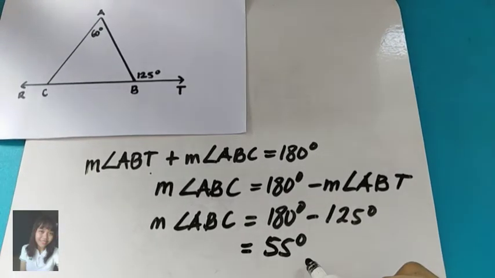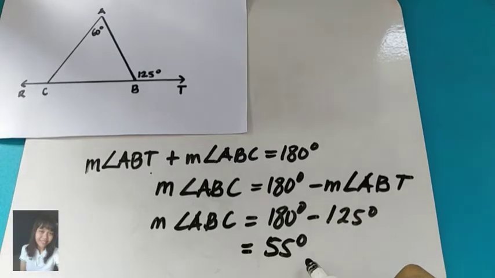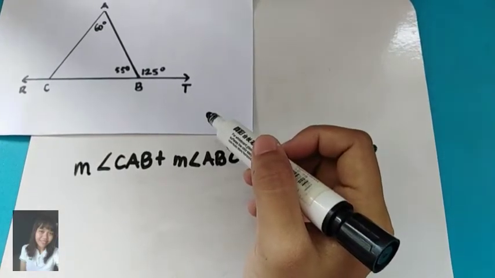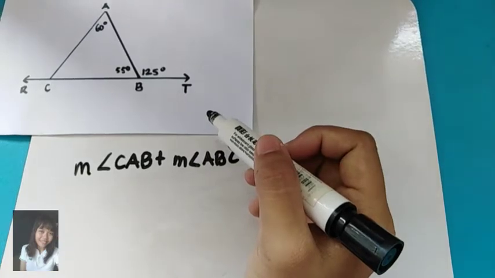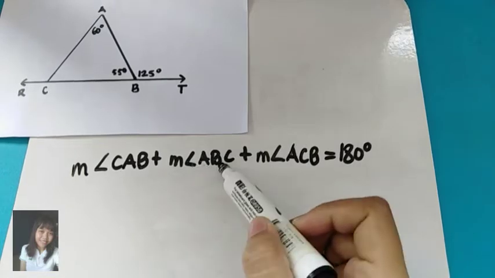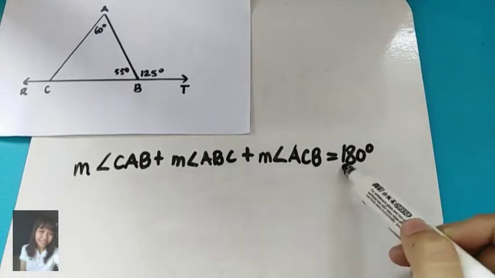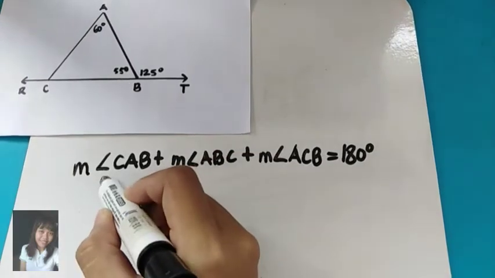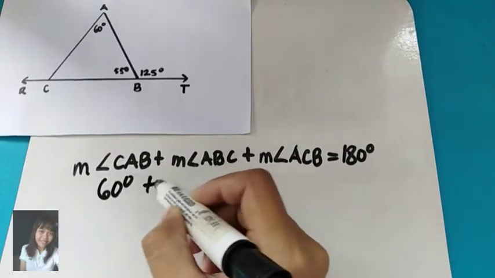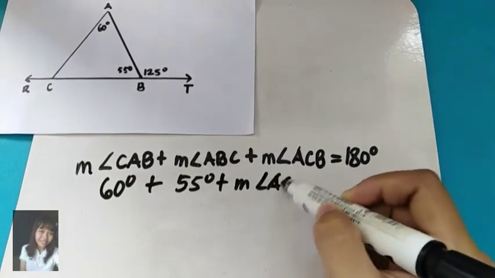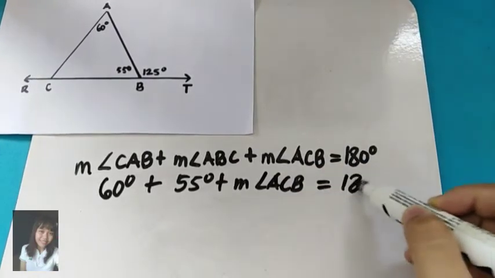Now we have two angles given for triangle ABC. Since the sum of the angles in a triangle is 180 degrees, we can use this to find the measure of angle ACB. So we have measure of angle CAB plus measure of angle ABC plus measure of angle ACB is equal to 180 degrees. Substituting the values, 60 degrees plus 55 degrees plus the measure of angle ACB is equal to 180 degrees.